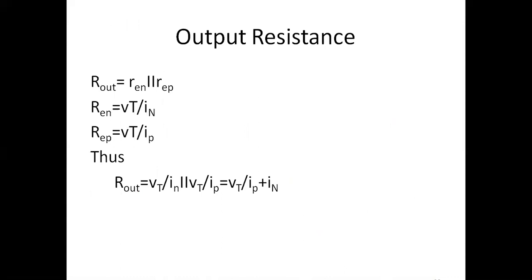Similarly, the output resistance of the class AB output stage can be calculated, assuming that the source supply Vi is ideal. The output resistance can be determined from the circuit of the class AB output stage by writing the output resistance as REN in parallel with REP, where REN and REP are the small signal emitter resistances of QN and QP respectively.